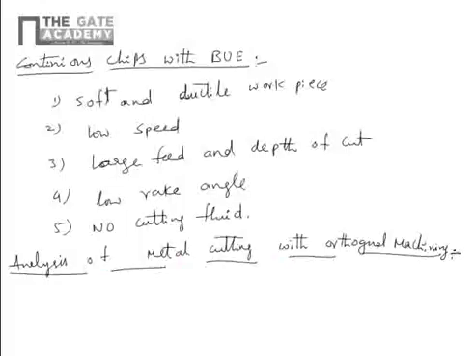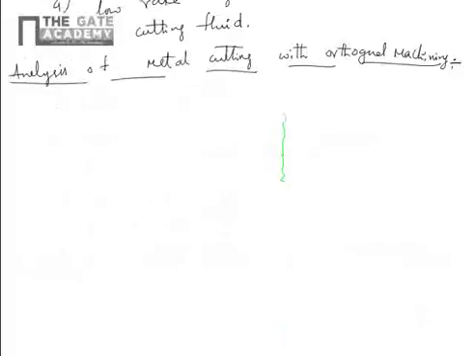So the cutting edge is perpendicular to the direction of chip flow. In orthogonal cutting, we need to have a few assumptions and a few notations. This is fixed everywhere, wherever we use it in problems.